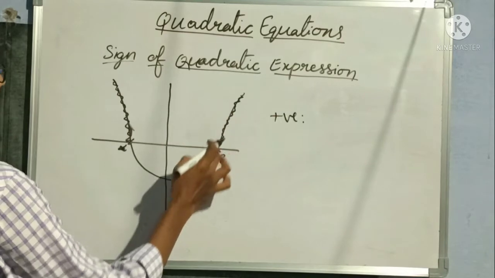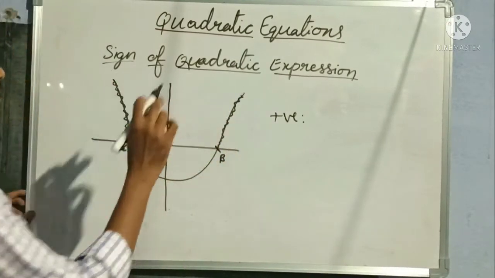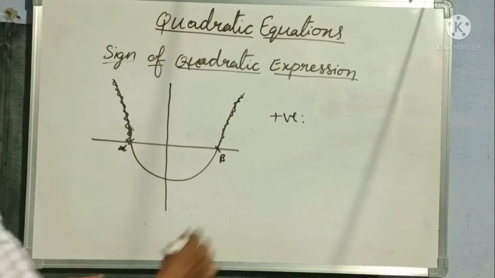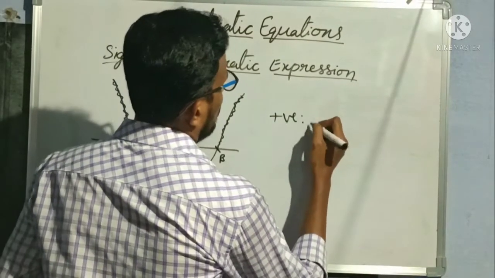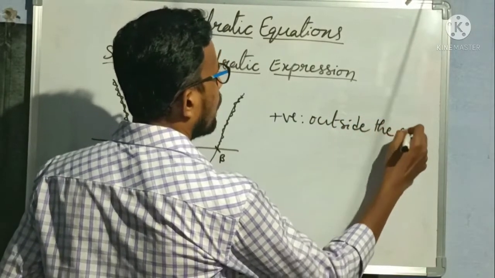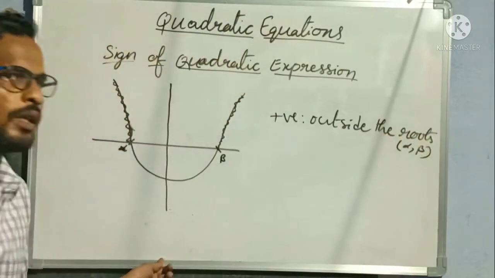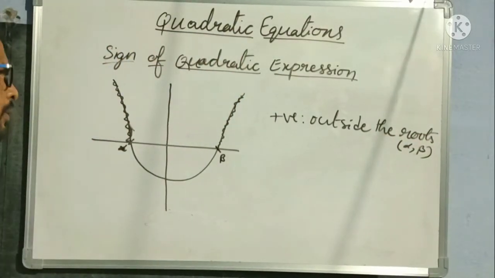Whatever value of x you substitute, we get the value of y as positive. So this value will be positive outside the roots, roots in the sense our alpha and beta.